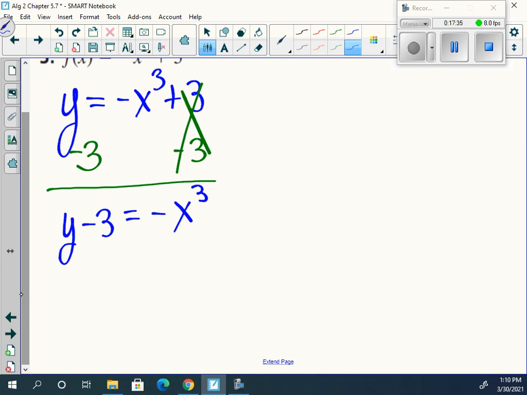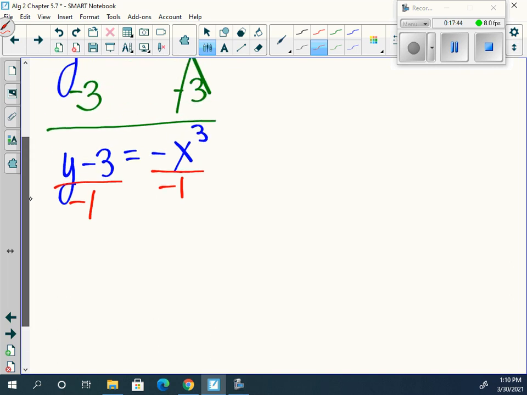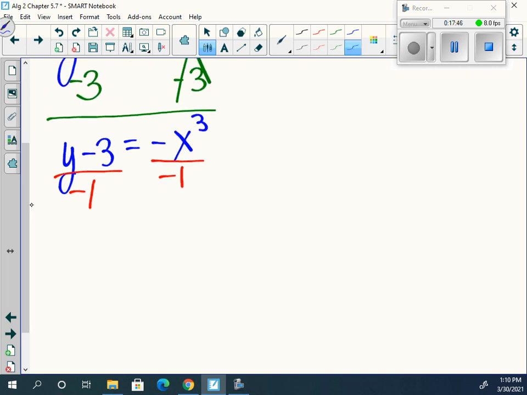How can we get rid of the negative? We can divide by -1. Now, when we divide everything by -1, well, the x cubed, -x cubed, is going to become x cubed. What's going to happen to the y minus 3? The signs will flip. So y goes from positive to negative, and the 3 goes from negative to positive.